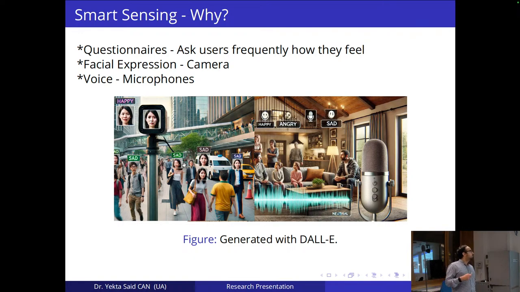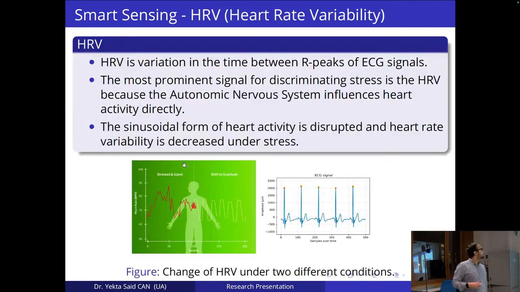We can also use facial expressions or voice, but these methods are generally considered to raise some privacy issues. Biosignals have fewer privacy issues, they are objective, and they are more unobtrusive. We can use them in our daily lives.